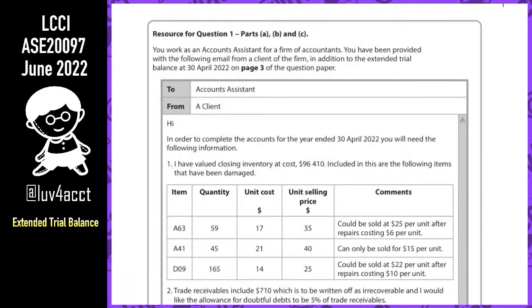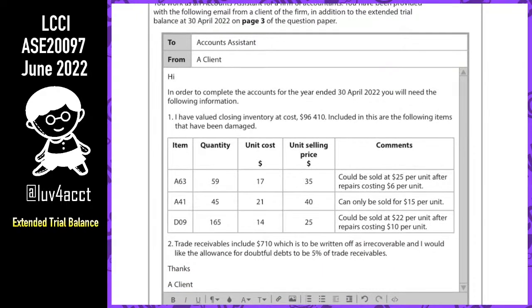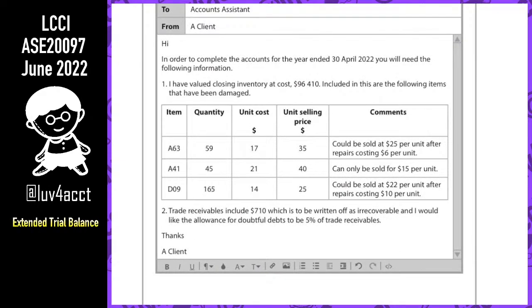You work as an accounts assistant for a firm of accountants. You have been provided with the following email from a client of the firm, in addition to the extended trial balance provided on page 3 of the question paper. So you have this email. Hi, in order to complete the accounts for this year, you will need the following information.